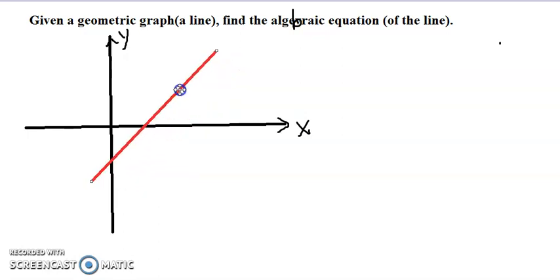But if we add another piece of information, say, let's put a point somewhere, and then we say there's a point the line must go through.